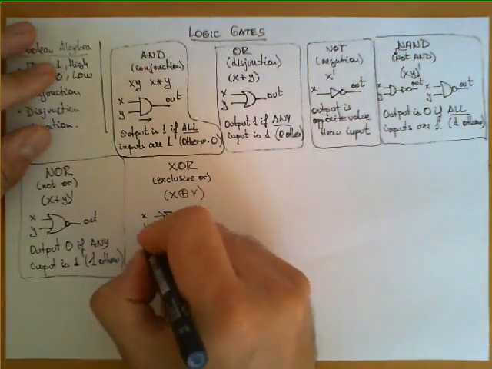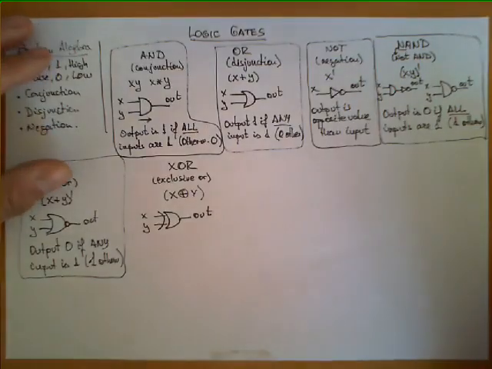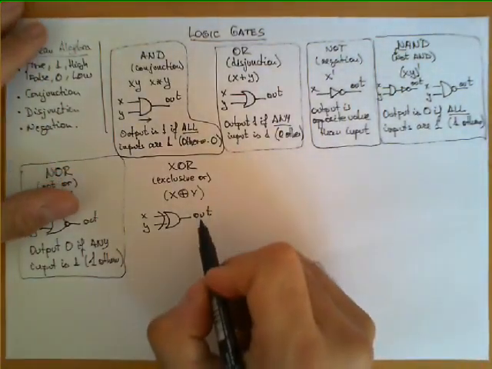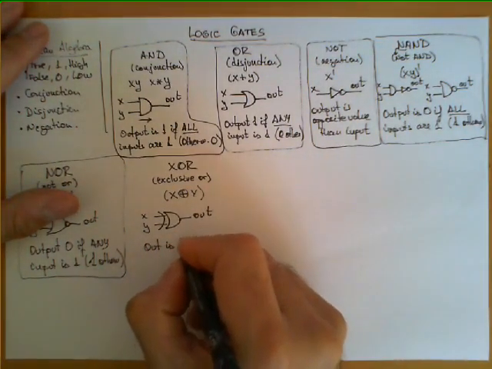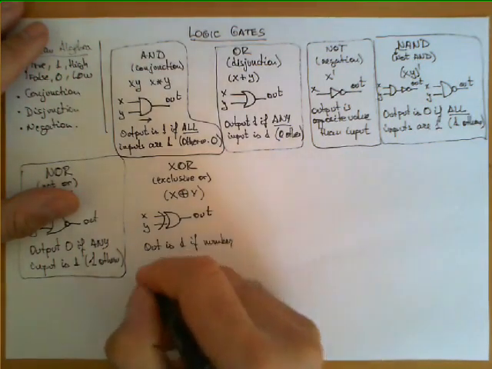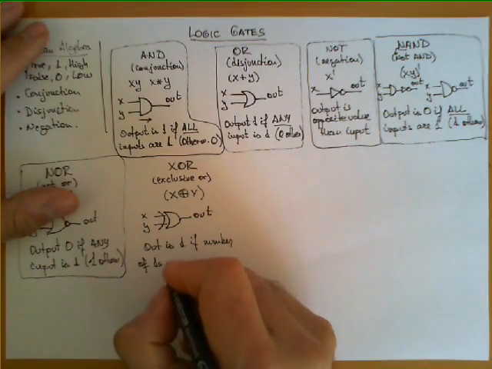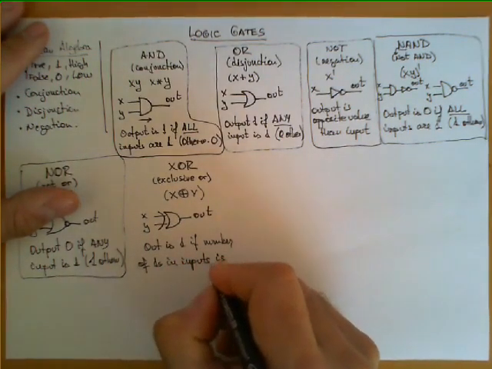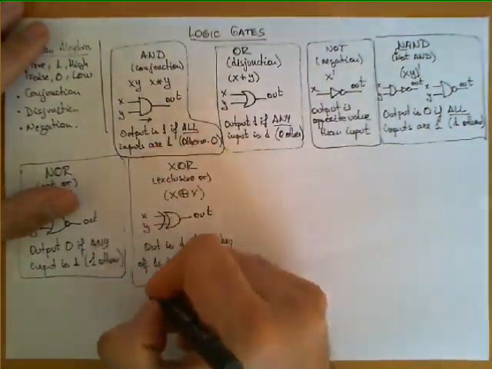So this is X, Y, and the output. Now this is a logic gate that has a very interesting rule. The rule to compute the output of this gate is the following: the output is going to be 1 if the number of ones in inputs is odd, is an odd number.